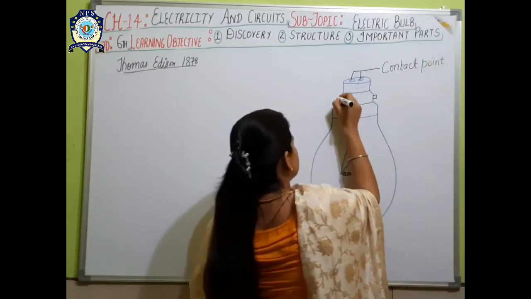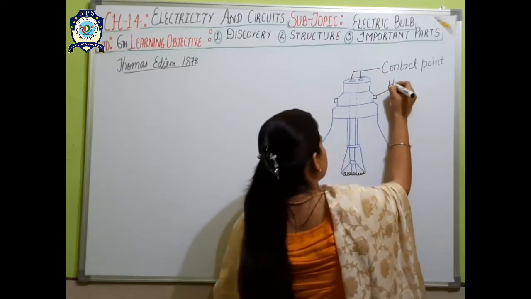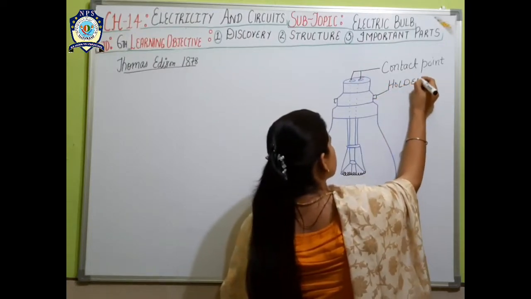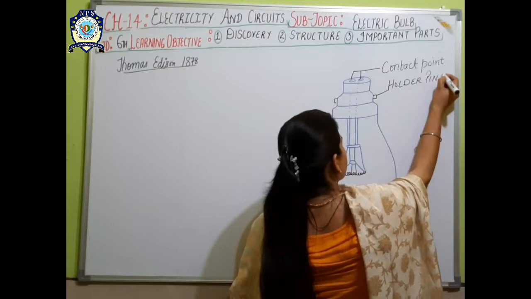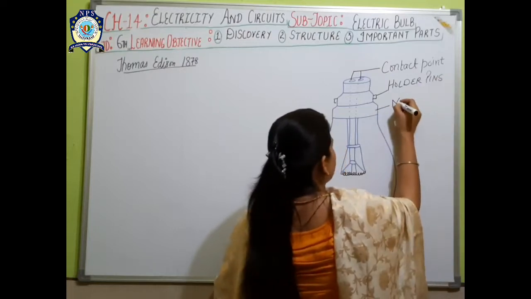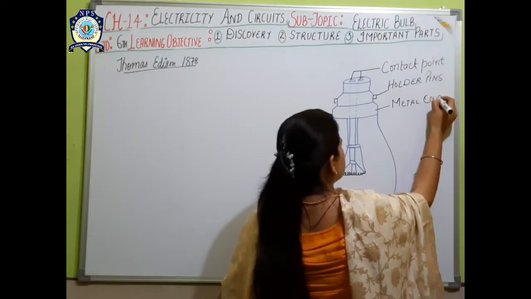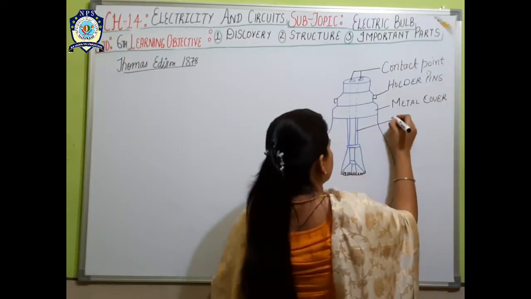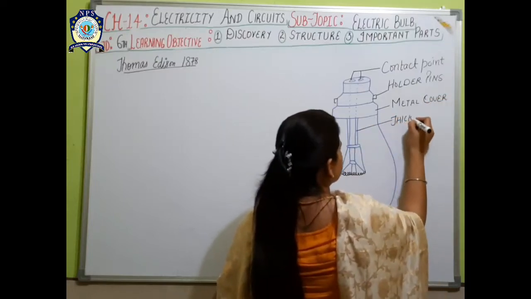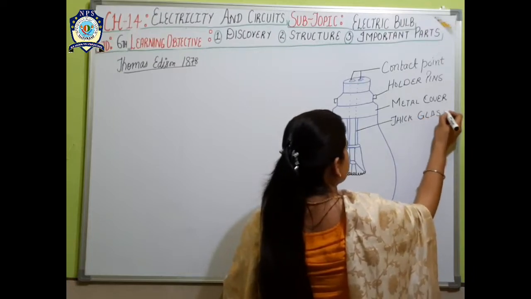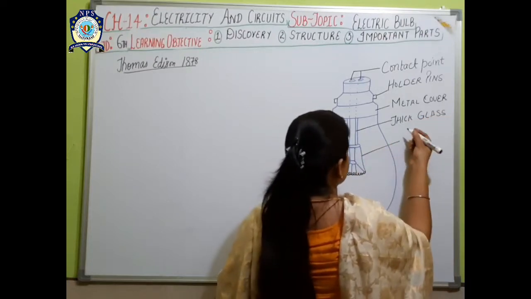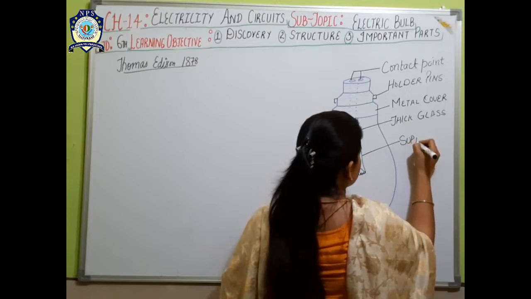Now these are 2 holder pins. This is the metal covering. It is a thick glass. These are the supporting wires.